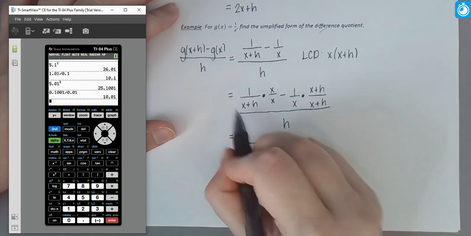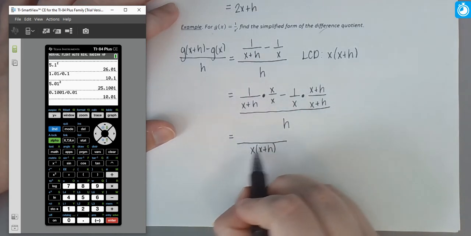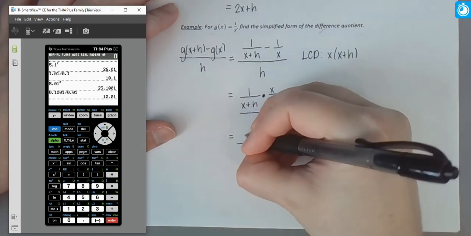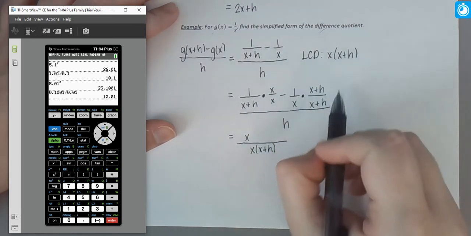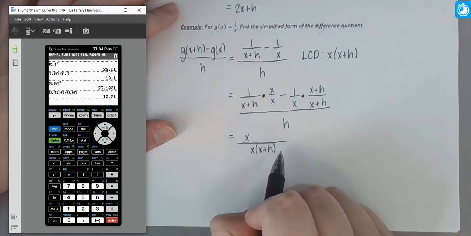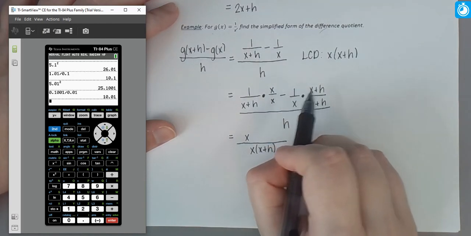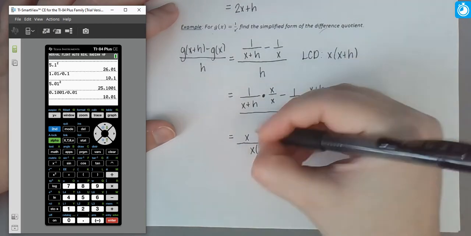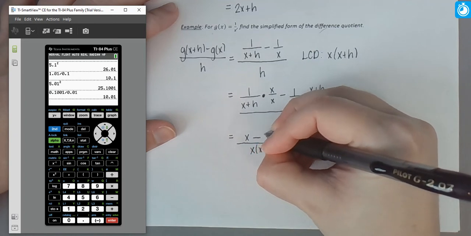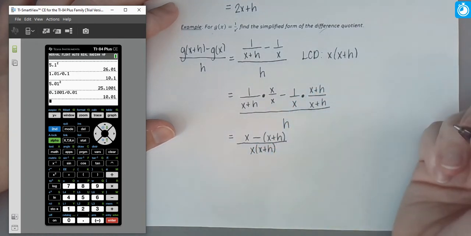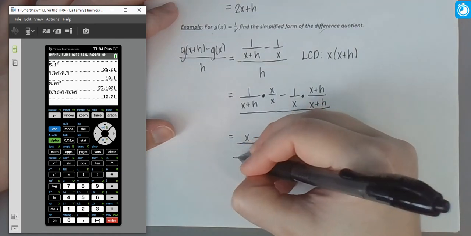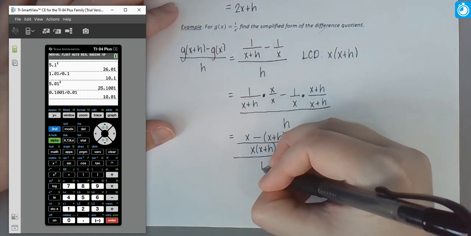For the first rational expression, I have my common denominator, and then I have an x as that numerator. And in the second rational expression, again the same denominator, and in the numerator we have 1 times x plus h, so just x plus h. But it's being subtracted, so we want to make sure we put parentheses around it when we simplify that. And again, don't forget the h in the denominator.